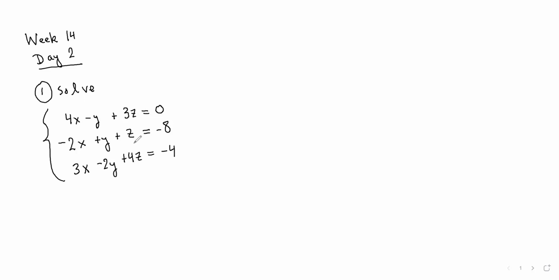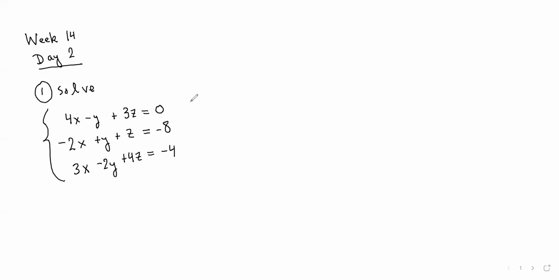I'm just going to show the way that makes the most sense to me. Really what you want to do is use adding or subtracting and also multiplying by constants on these 3 equations to make 2 equations of just 2 variables.